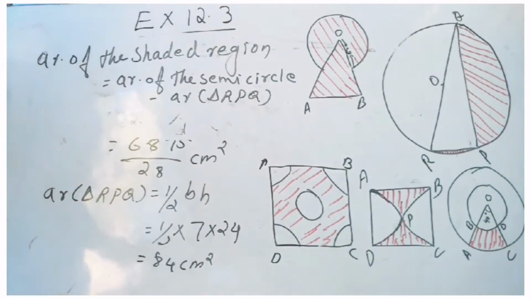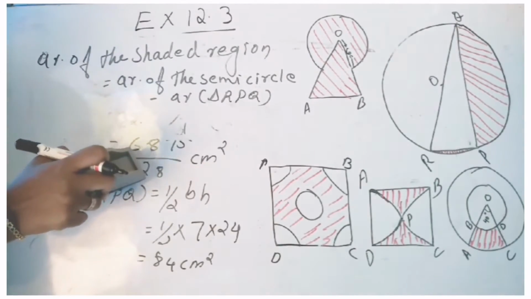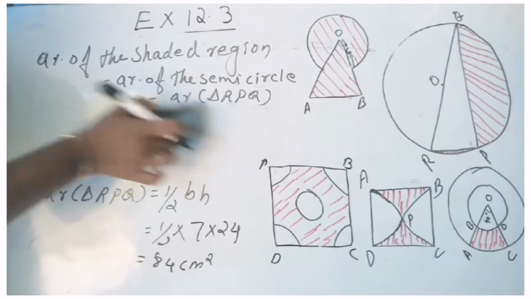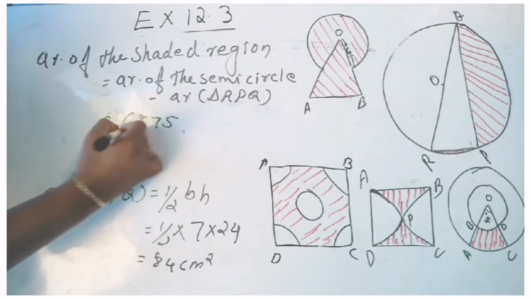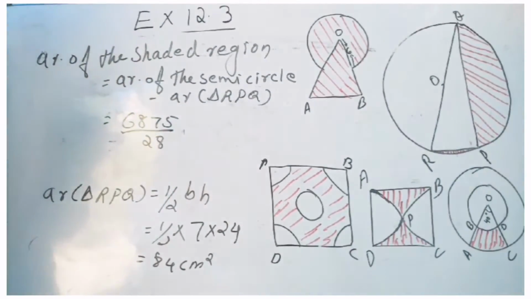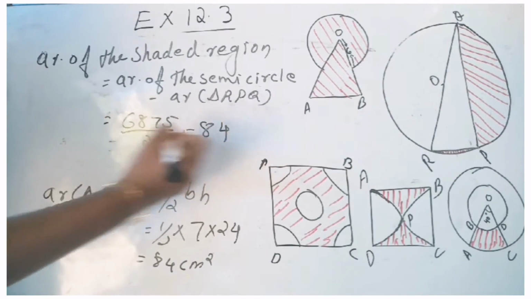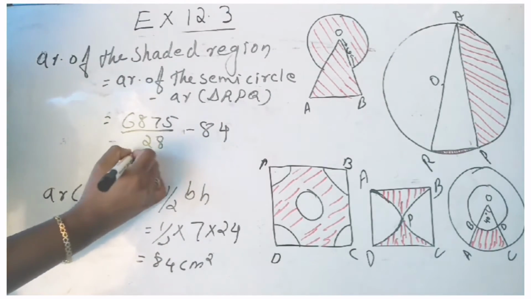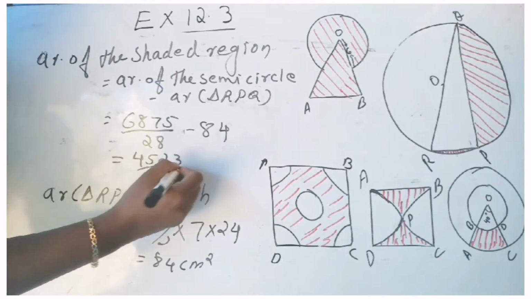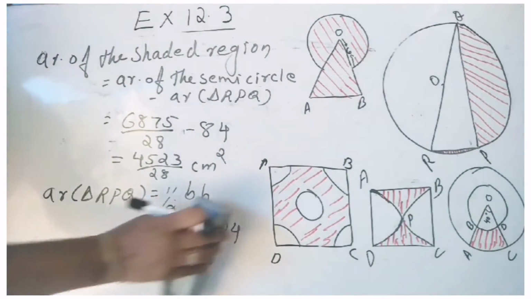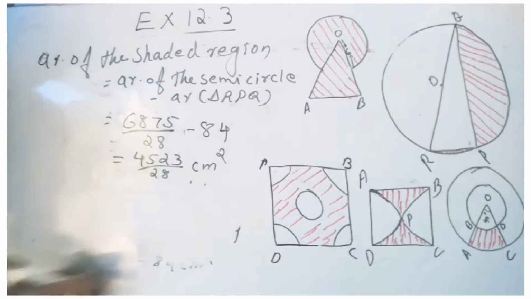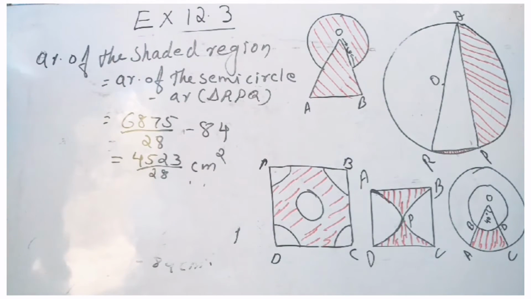Area of the semicircle is 6875 divided by 28, minus 84, which is equal to 4523 divided by 28 centimeter square. So the area of the shaded region is equal to 4523 divided by 28 centimeter square.